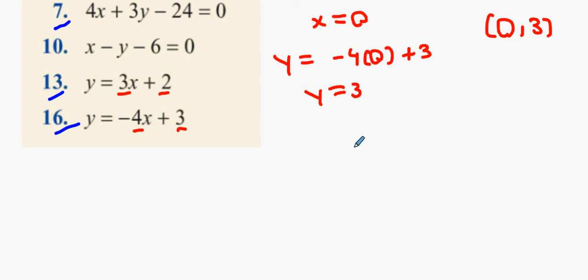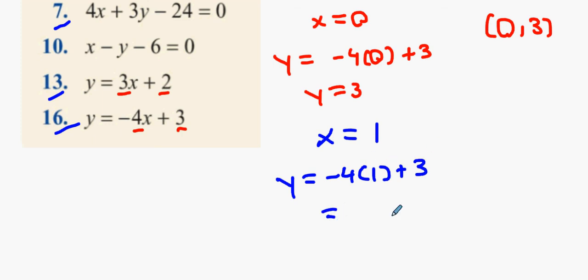I'm going to get a fraction, so I'm not even going to bother. Pick x equals 2, or x equals 1, whatever you want. I'll use x equals 1. So what do I get this time? Y equals minus 4 times 1 plus 3. What's minus 4 plus 3? Minus 1.